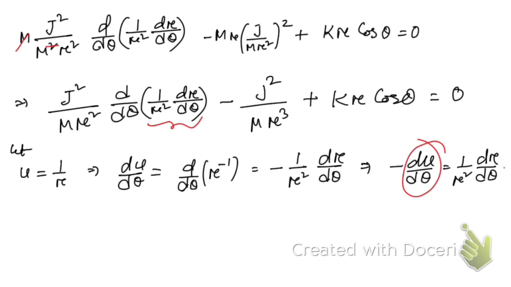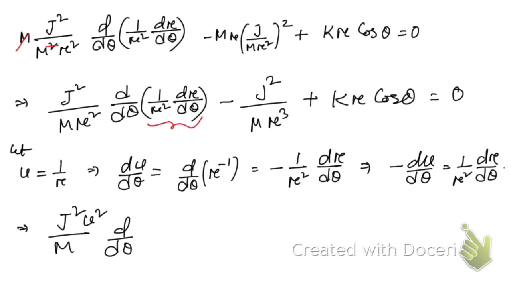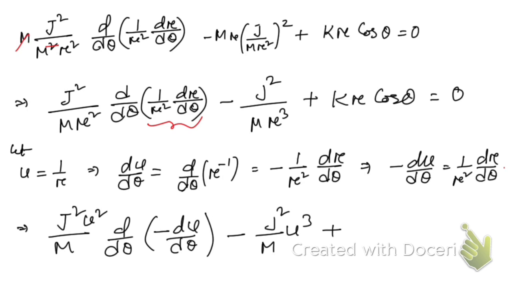So that's why we can replace this part by this. Then this equation is going to be equal to j square by m. As u is equal to 1 by r, 1 by r square is going to be u square. So here we can write u square, again d by d theta of minus du by d theta. So minus j square by m, here we're going to have u cube, plus k by u cos theta is equal to 0.